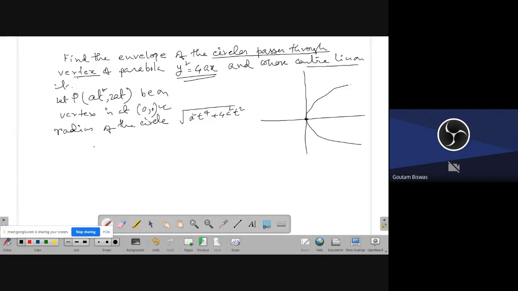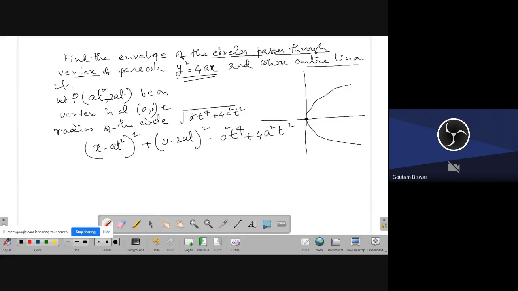So (x minus at square) whole square, this is any point on the parabola, plus (y minus 2at) whole square is equal to the radius square, which is a square t to the power 4 plus 4 a square t square. Now this is the equation of the circle.